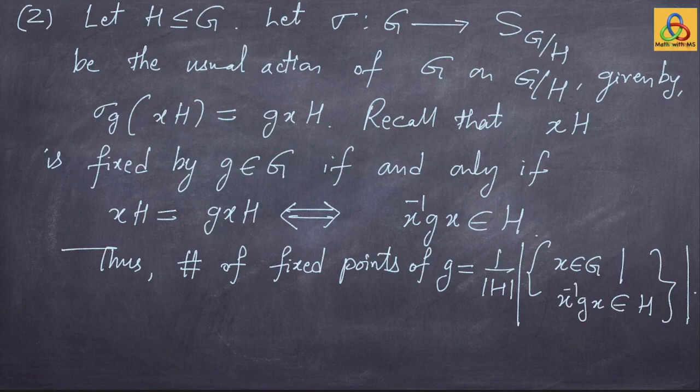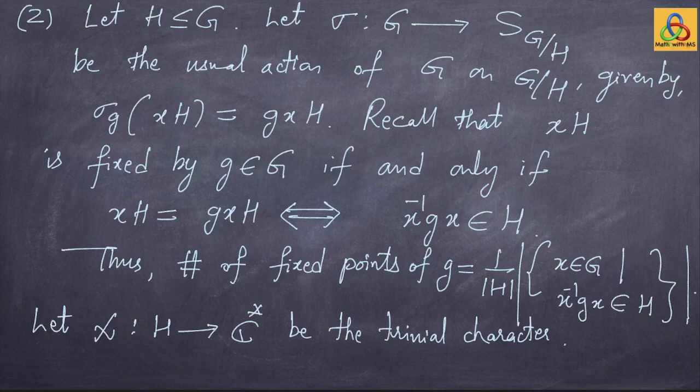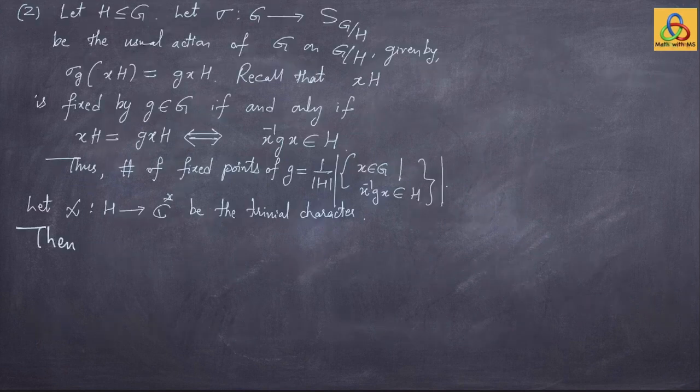Take a trivial character on the subgroup H. So let chi from H to C star be the trivial character, that is chi of any little h is just the complex number 1. Then we note that what is chi dot of x inverse gx?